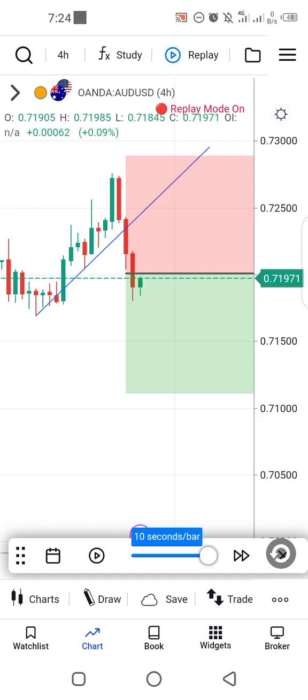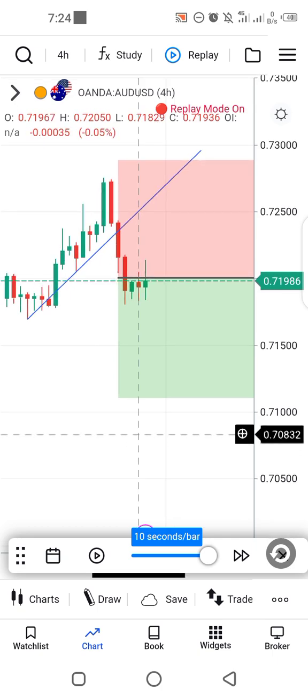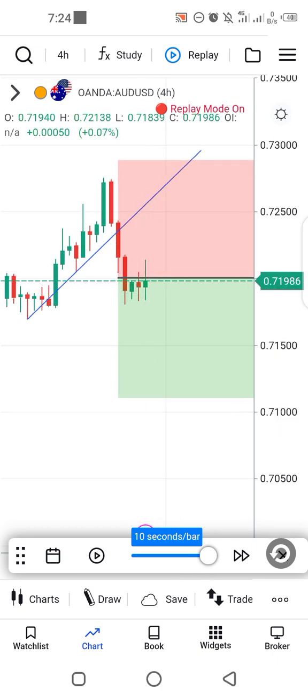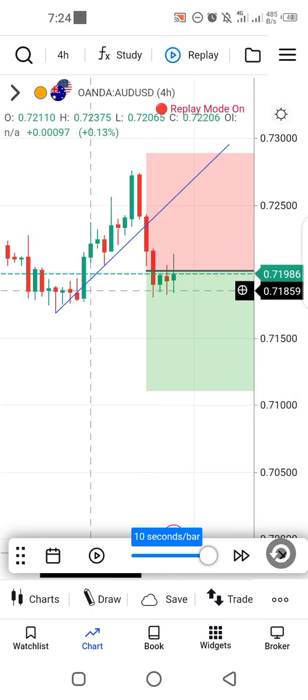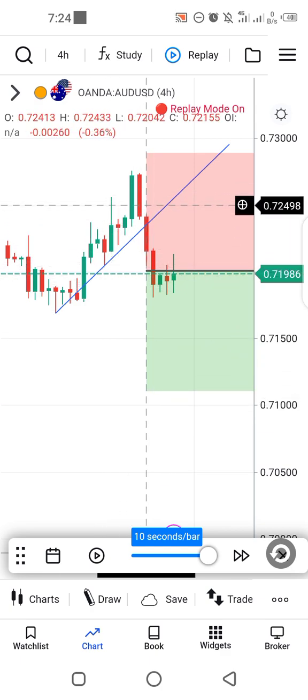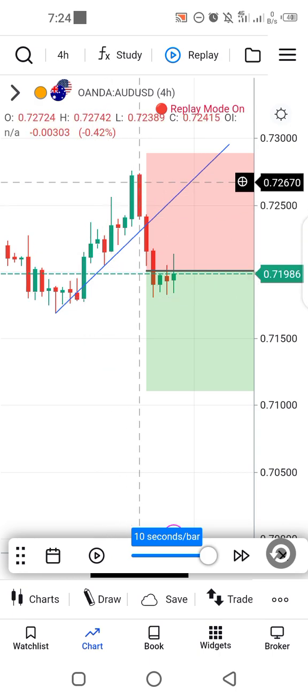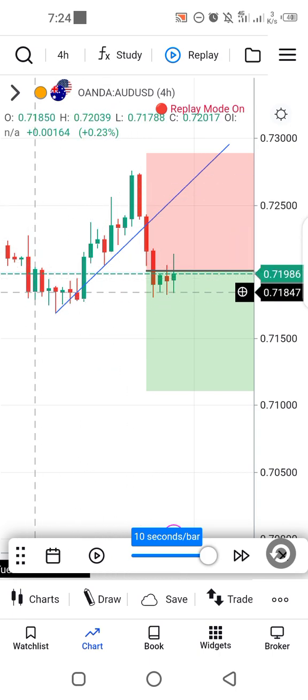Okay, market is moving in our favor. You can see that the market is consolidating. Now something that I learned a long time ago is that the market usually copies whatever is on the left hand side. You can see here that the market moved freely up and moved freely down, but you can see here that the market moved sideways.